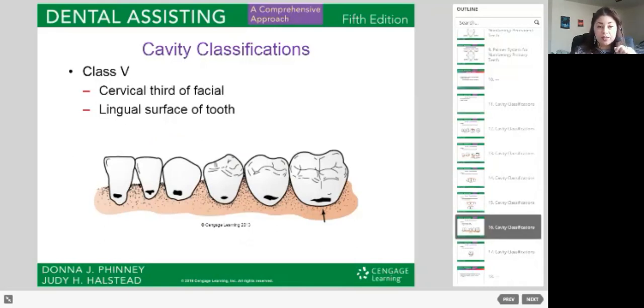This type of restoration is usually needed for people who brush too hard, grind their teeth, have other issues, or clench their teeth, traumatic occlusion. There's a number of different reasons why they might need these restorations, also from sucking on candies. But basically, class 5 is the cervical third of the facial or lingual surfaces.